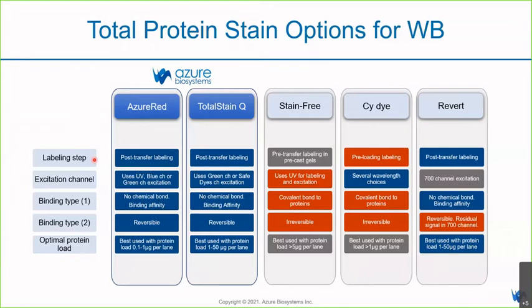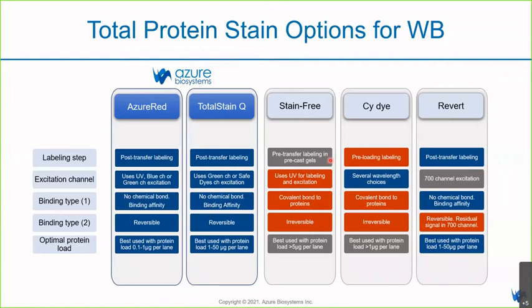So the best is having post-transfer labeling. We have another option where the dye or the staining is in the gel itself. It's a ready-made gel, and when you load the sample it will automatically bind with the dyes as it runs through the gel electrophoresis step.